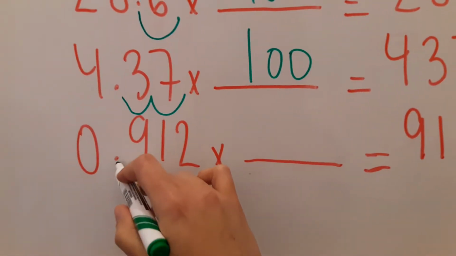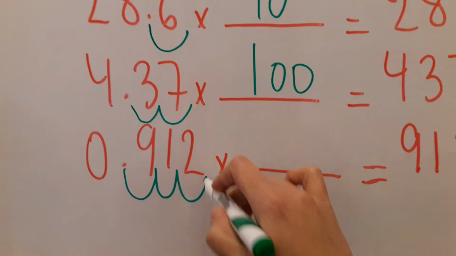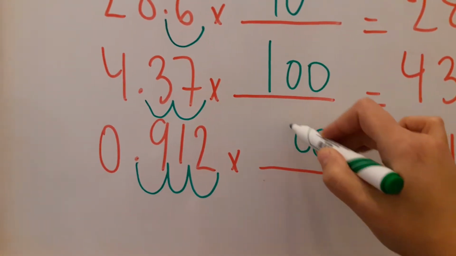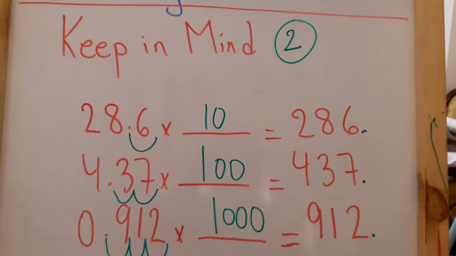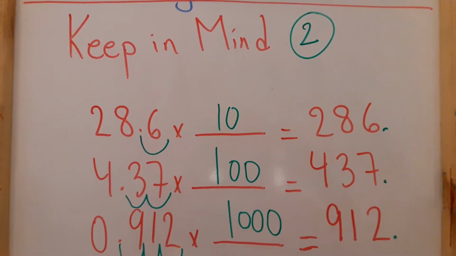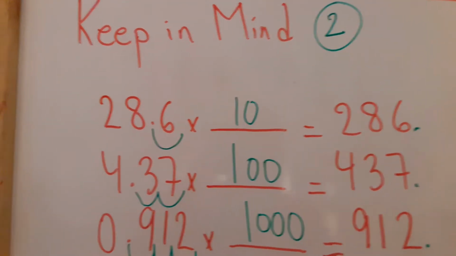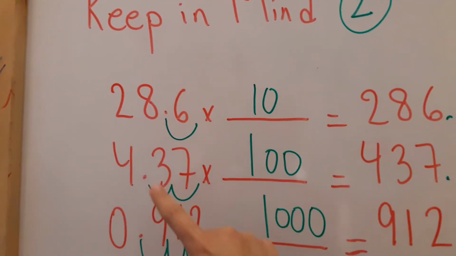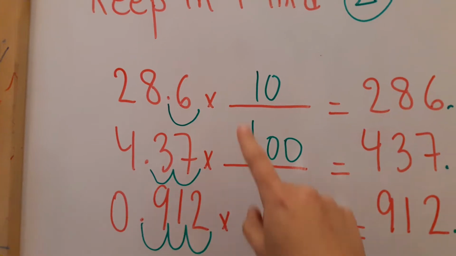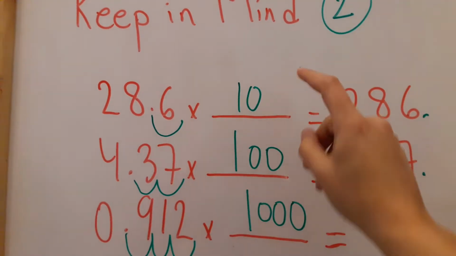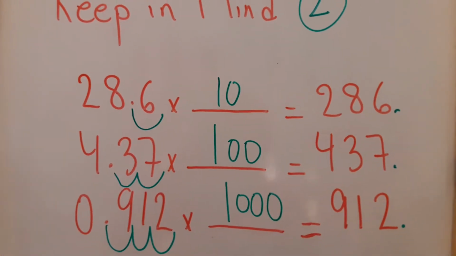Let's see. 1, 2, 3. 3 places means 3 zeros and 1. So keep in mind number 2 means if we see how many places that the decimal point moved, we know we multiplied by which number, by 10, 100, or 1,000.